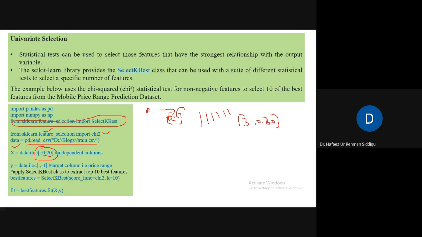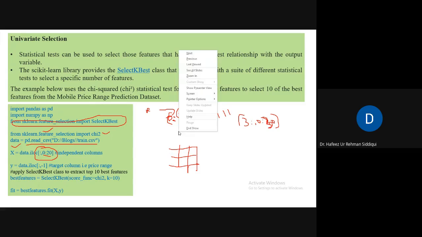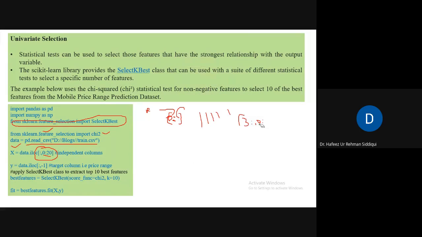If I use this 0 to 3 and 0 to 3, this means it will give us 3 rows and 3 columns. If you haven't anything here, this means all rows. So you will get all rows from 0 to 20 columns. Okay, let's move on.